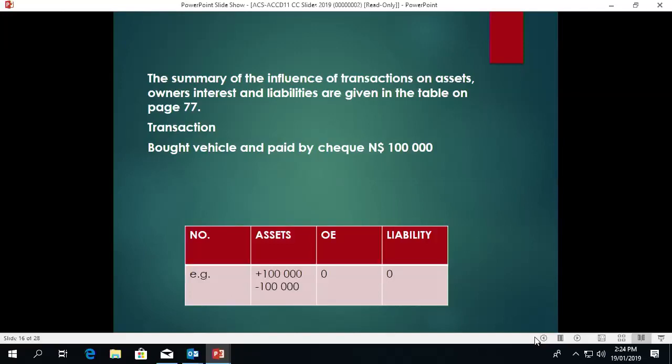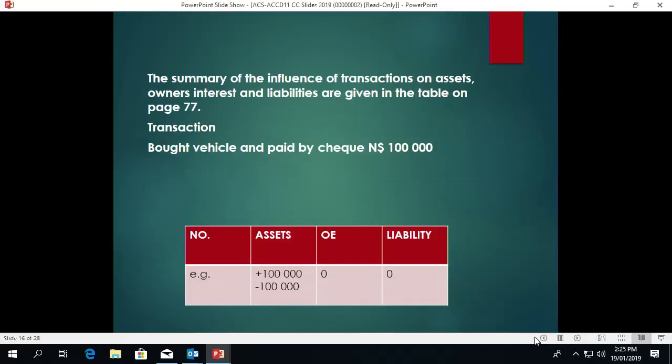In this transaction, we are identifying vehicle, and then check, we are identifying it as bank. So we have vehicle, and then we have bank. Now you ask yourself, where is it having an influence? If we look at vehicle, and then if we look at bank, all these are to be classified as assets. So our influence is only going to be on the assets.